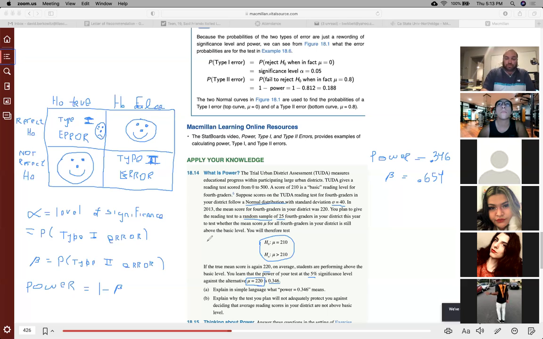In other words, if the average reading score is really 220, then the likelihood of not rejecting the null hypothesis is 65.4%. The likelihood of claiming that the average is really 210, when in reality it's 220, would be 65.4%.